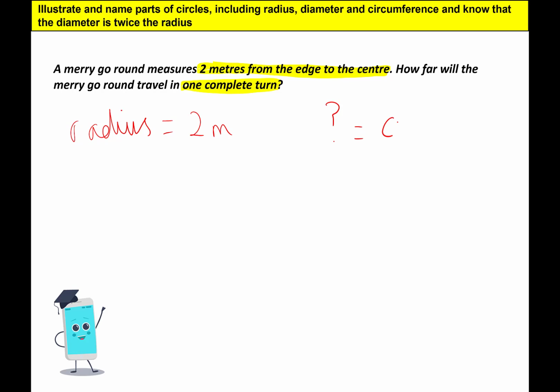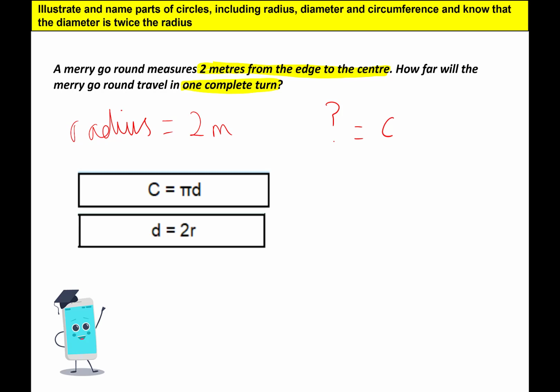Okay, so we need to think about how the radius links to our circumference. So we know, using our formula, that we can find our circumference by multiplying pi, which is 3.14, times by the diameter. We don't have the diameter, but we have the radius. And we know that the diameter is 2 times the radius.